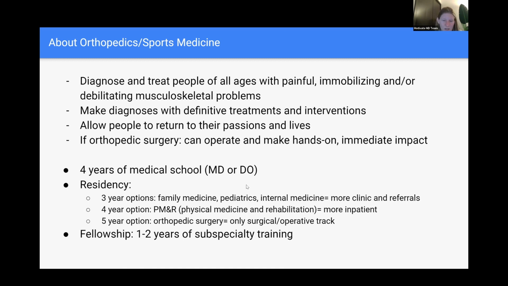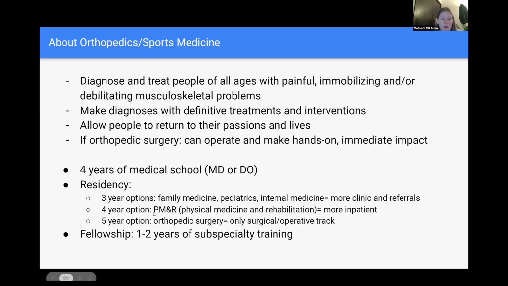With these types of residencies and practice models, you're going to have a lot more clinic and referring people who need that procedural intervention to an orthopedic surgeon, for example, because you're not the one actually doing the surgery. But everything in the case that we talked about, like the exam and the imaging and the treatment, besides the surgery, would be in the scope of a family medicine sports medicine doctor or a pediatric sports medicine doctor.